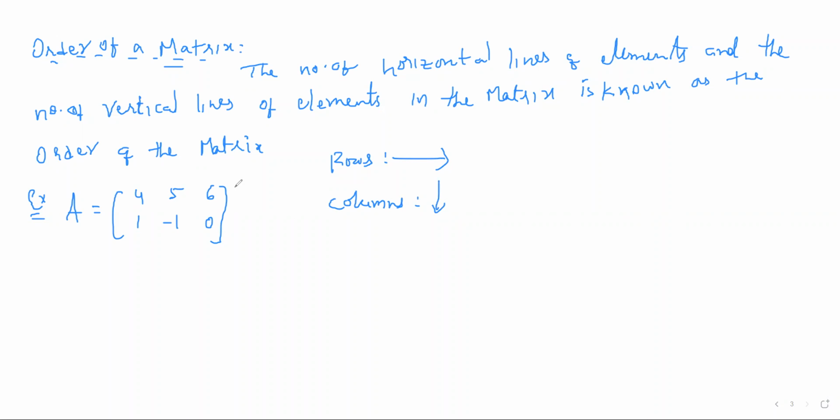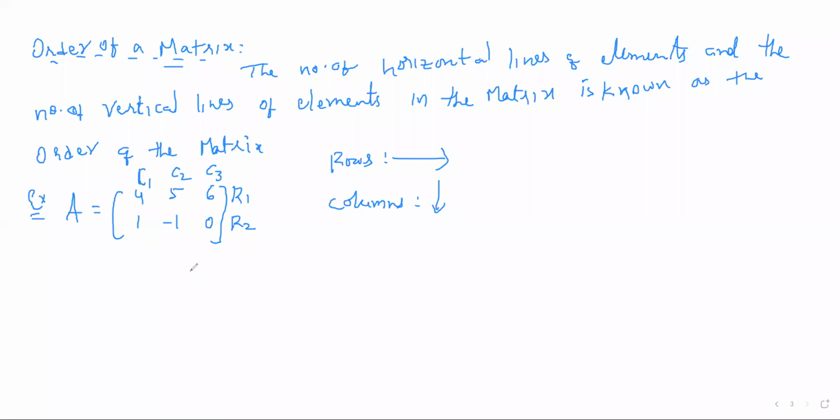So this is first row, I will represent here as R1, and second row R2, from left to right. Next, this is first column C1, top to bottom. This is second column and this is third column C3. So the order of the matrix is the number of horizontal lines of elements and the number of vertical lines of elements.